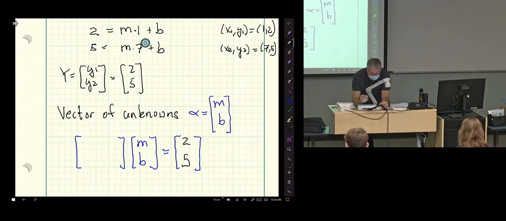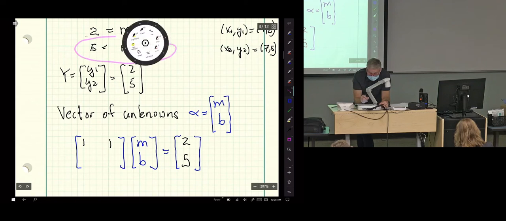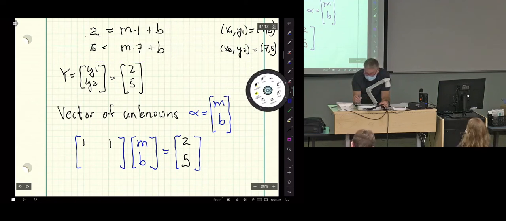It's a 1. And what's the coefficient multiplying the second unknown? 1. Yeah, 1. Okay. Now we go to the second equation.